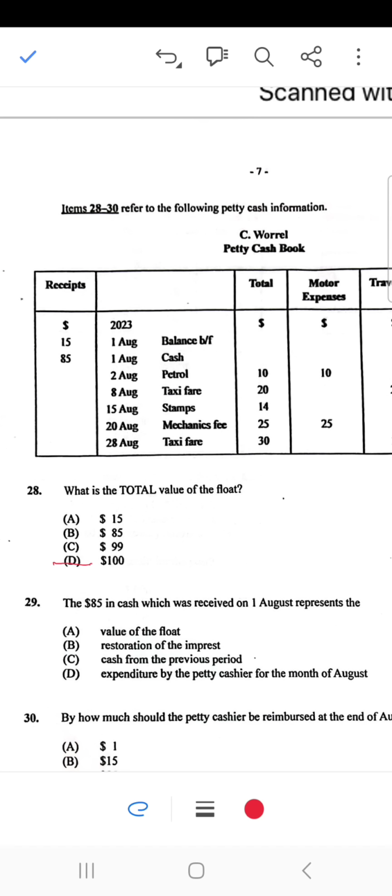Number 29, the $85 in cash which was received on the 1st of August represents the restoration of the imprest. So they're giving you back the money to bring you back to the float balance. So that would be B.